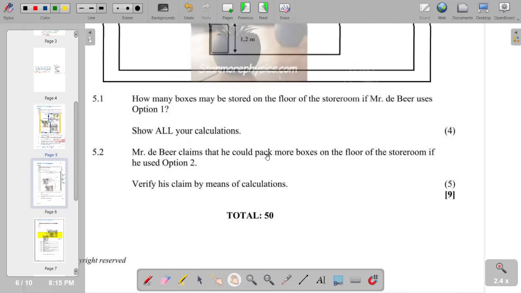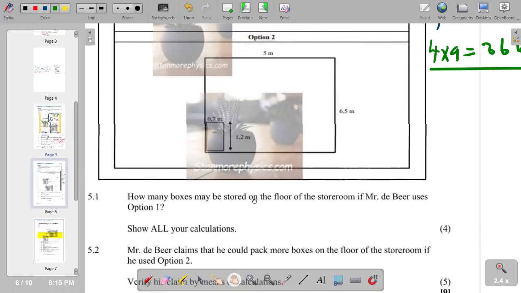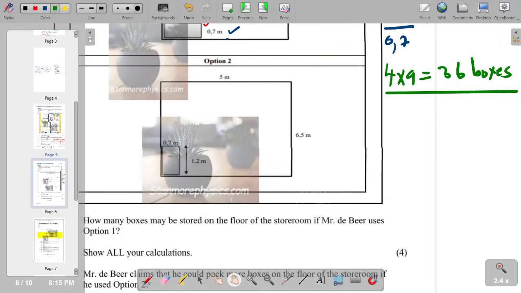Mr. DB claims that he could pack more boxes on the floor of the storeroom if he used option 2. So we are going to compare option 1 and option 2 to see if option 2 has more boxes. We have to calculate again for option 2, whereby we say 5 divided by 0.7, and on the next part, 6.5 divided by 1.2.